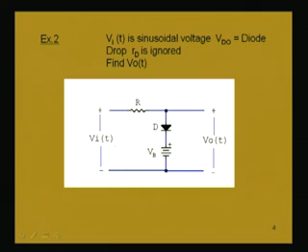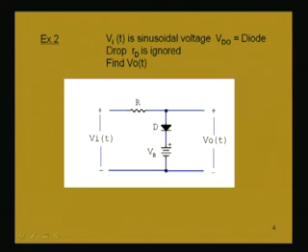Now, what will be this output voltage V naught t for the sinusoidal input voltage that is being given? In the earlier case also we used a sinusoidal voltage. So, now also suppose we give a sinusoidal input voltage, find the output voltage for this circuit.